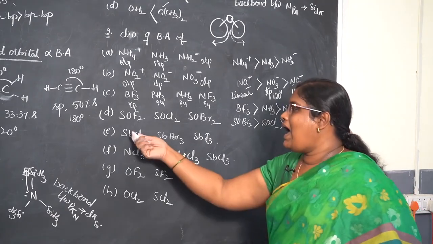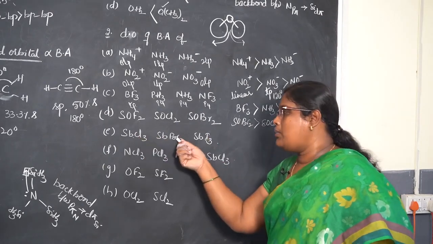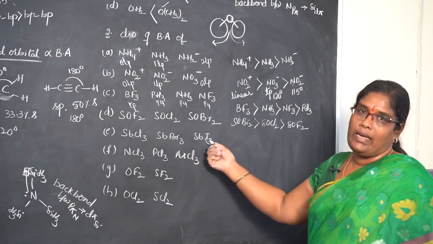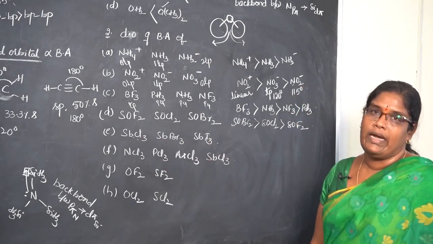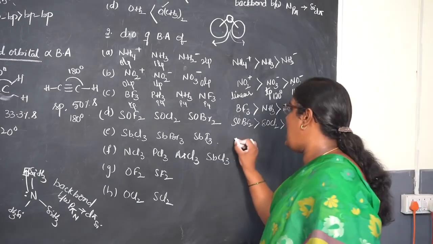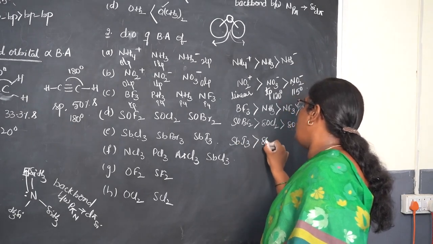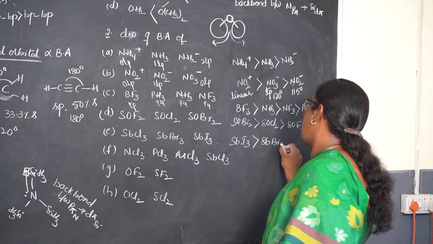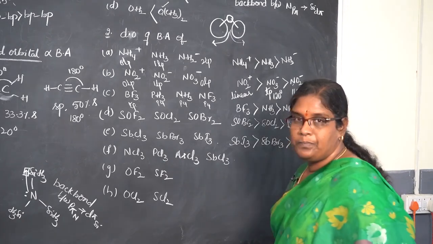Now, the trihalides of antimony. Antimony trichloride, antimony tribromide, antimony triiodide. Again, the changing factor is the electronegativity of surrounding atom, inversely proportional to bond angle. Therefore, it is triiodide, more bond angle than tribromide, more bond angle than trichloride.